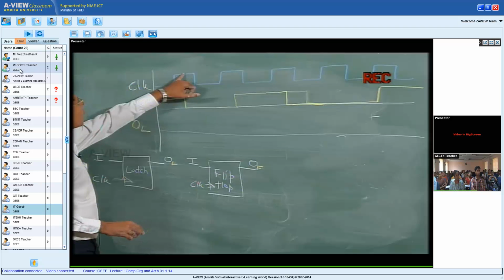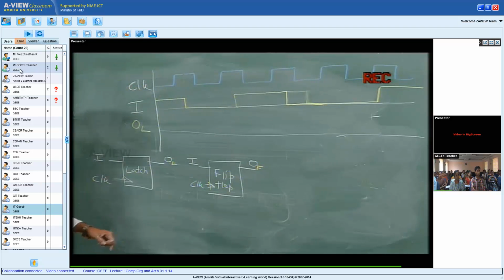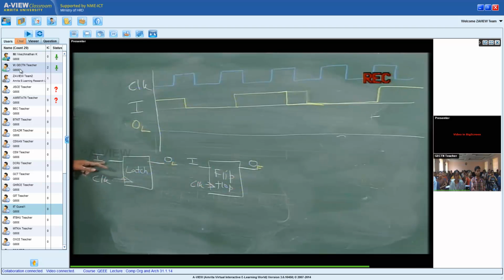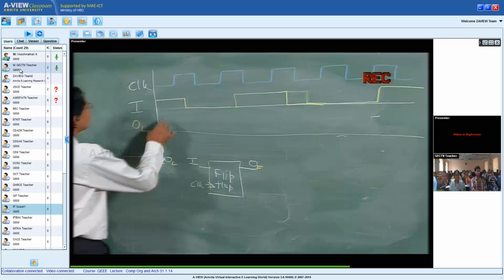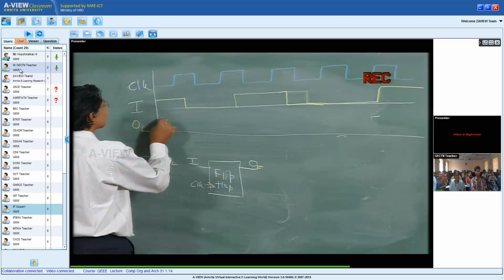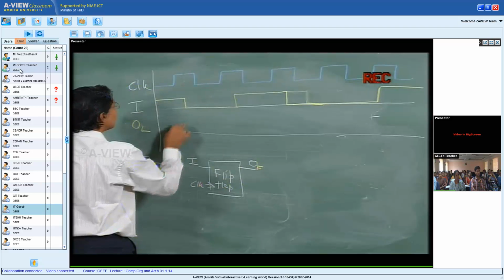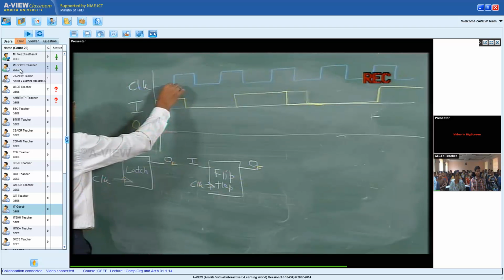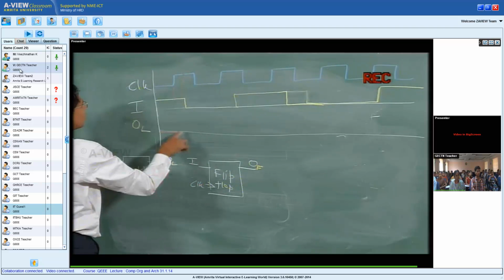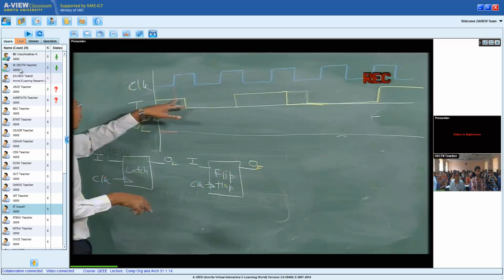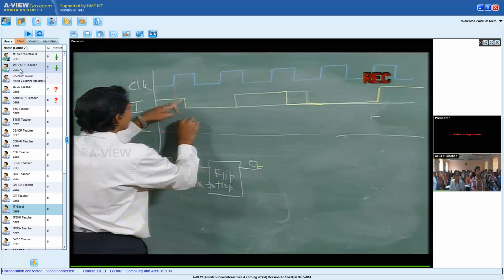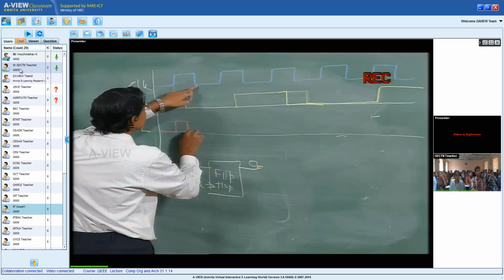OL will behave like this. Whenever the clock is at 1, the input will go to the output. Whenever the clock is 1 in the case of the latch, the output will become equal to the input. So for example, in this case, let us assume without loss of generality it was 0 till this point. When the clock became 1 here, please note, the output of this latch will follow the input. So this will go like this, and still here it is 0.